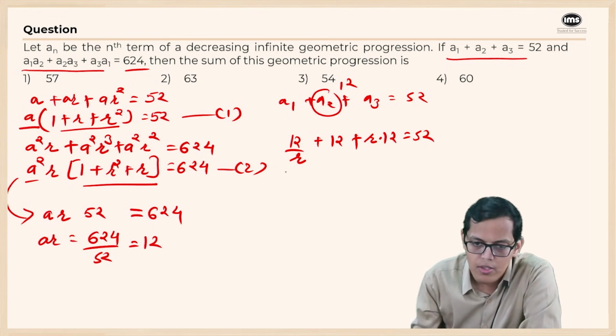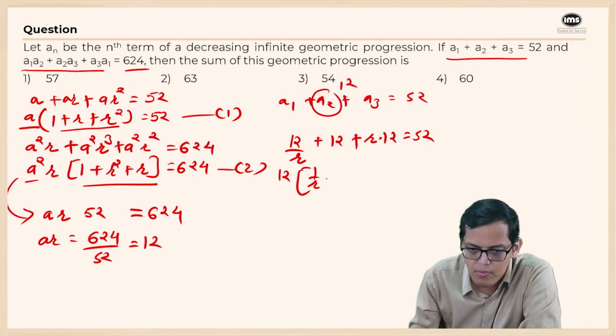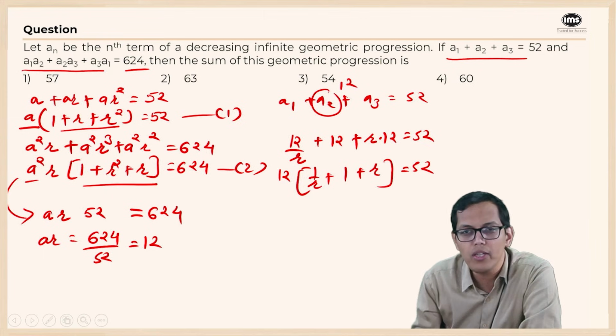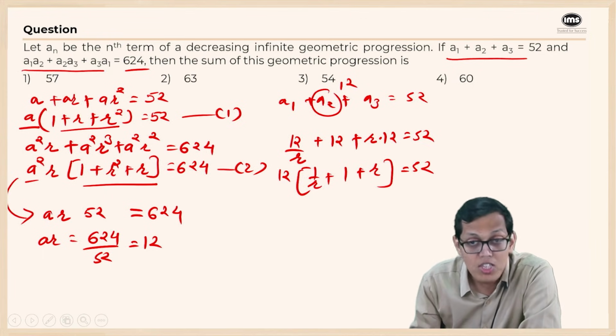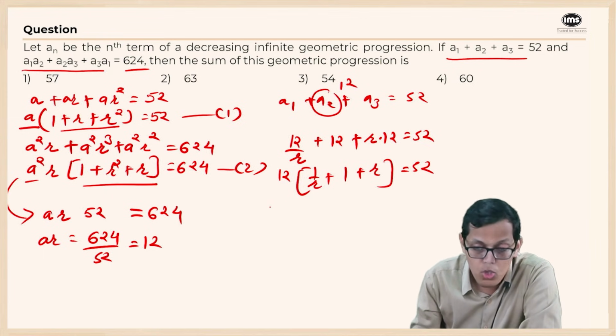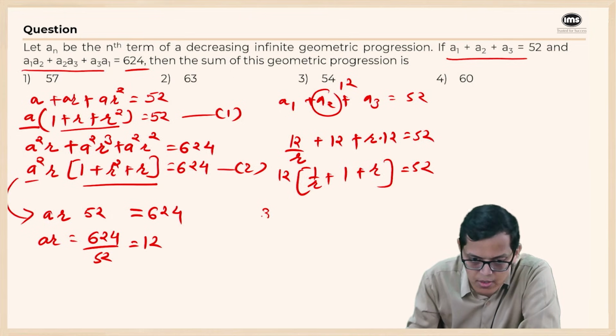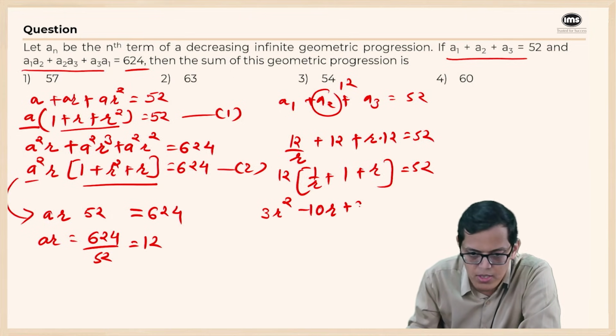The sum is 52. Taking 12 common, I can write 1 upon R plus 1 plus R is equal to 52. Now this is going to create a quadratic equation. After simplification, you will be able to find 3R square minus 10R plus 3 is equal to 0.